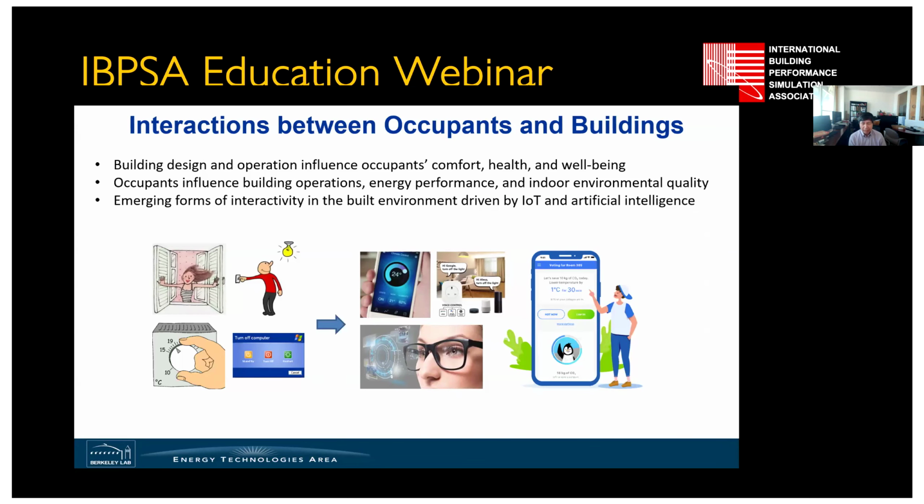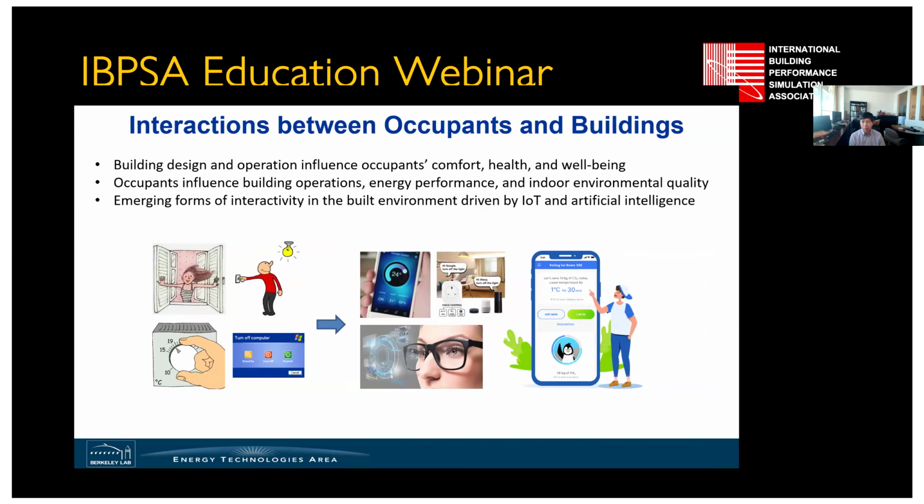So we all understand that occupants have different ways of interacting with the building's components and systems. For example, you may have operable windows. You open windows maybe for fresh air, maybe when outdoors is cooler than indoors, and you close them maybe because outdoors is noisy, and for different reasons.